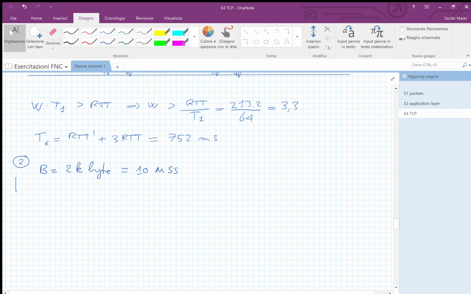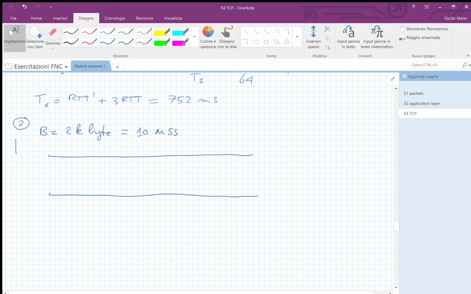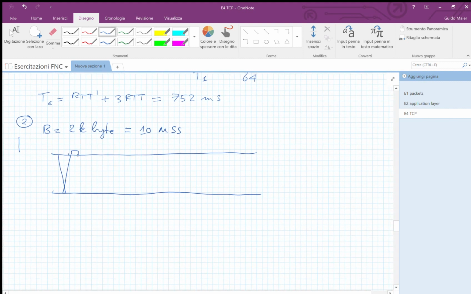So if you want, we can do a fast picture. So here we have the opening phase. Then we are sending first one, and then from this point on the transmission is continuous.